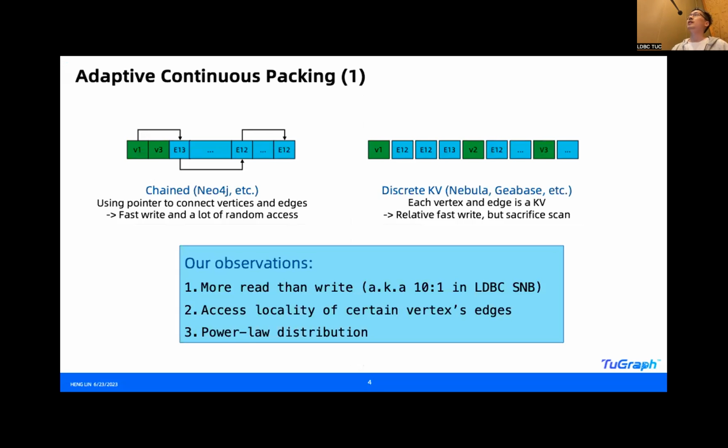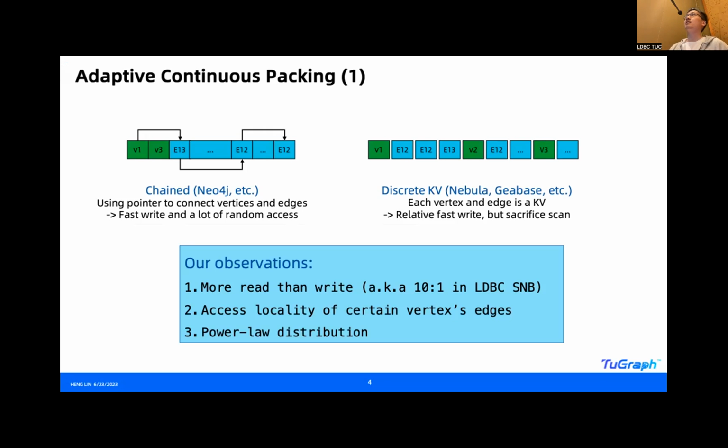Here we come to adaptive continuous packing. We know the underlying storage, when it is a new project, is usually chained. When a new edge or new vertex comes, it has a pointer to point to it. Using pointers to connect vertices and edges gives fast writes, but it also causes a lot of random access.